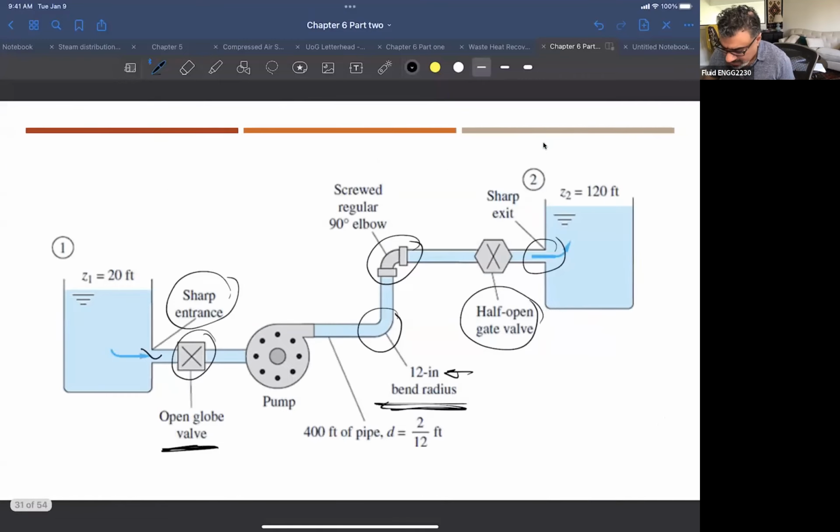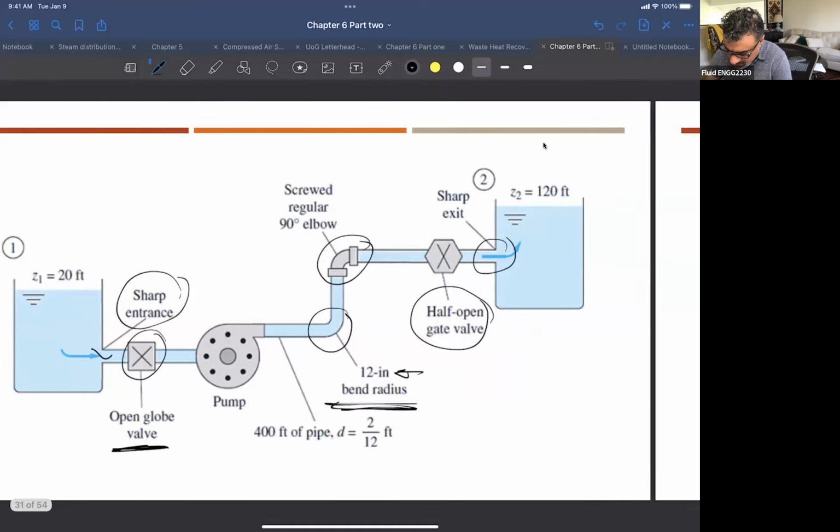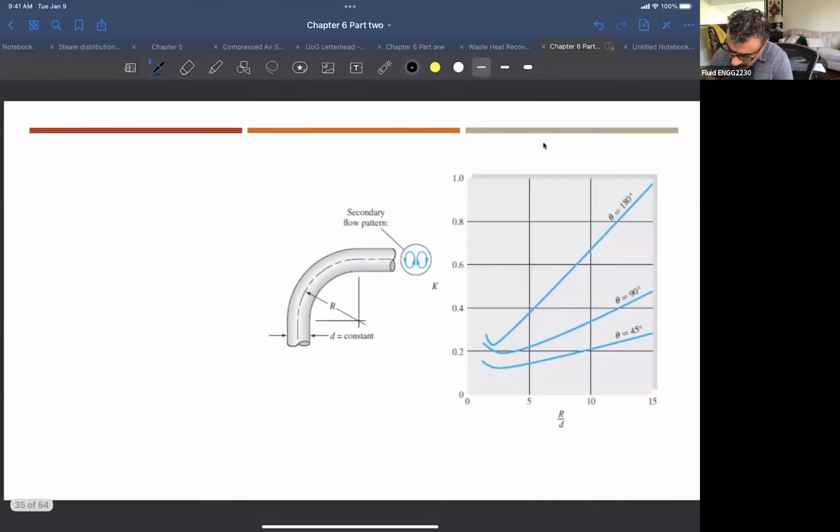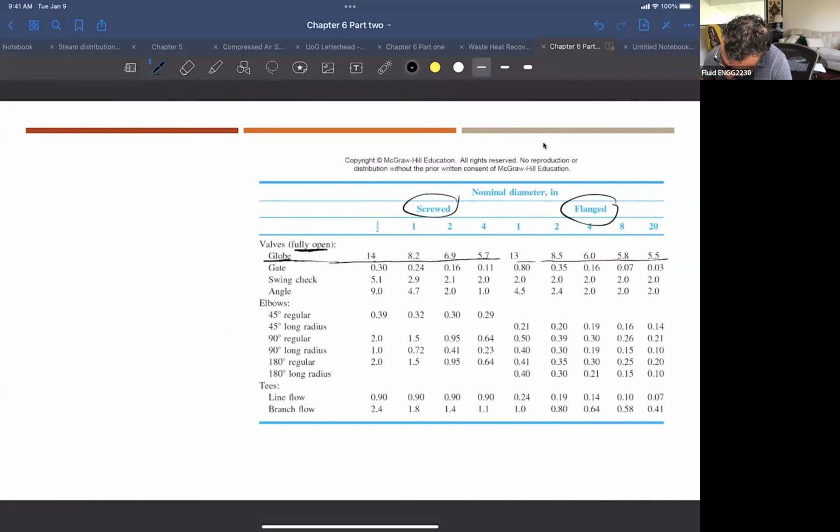And again, you should have more description in the problem in order to make sure that you are not confused. But it looks like there are no flanges in this valve here. So open globe valve, 2-inch diameter. So the K of this valve here is 6.9. Okay.